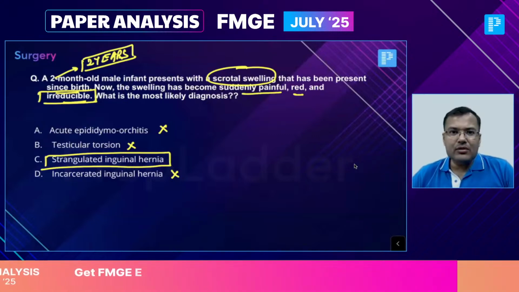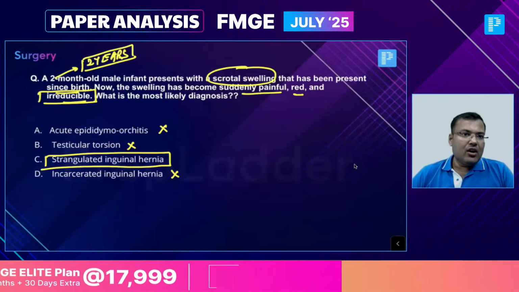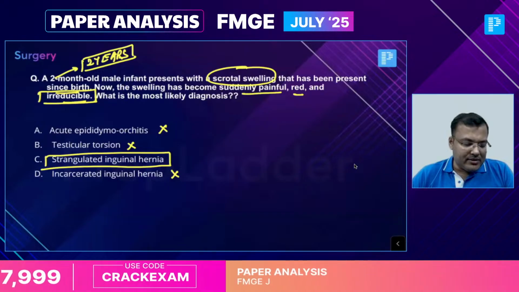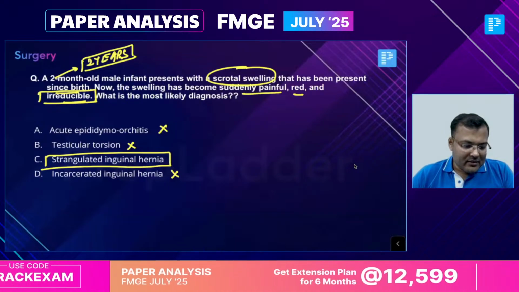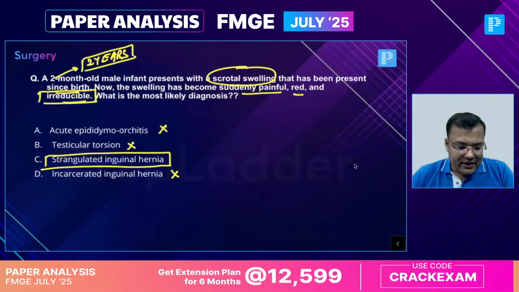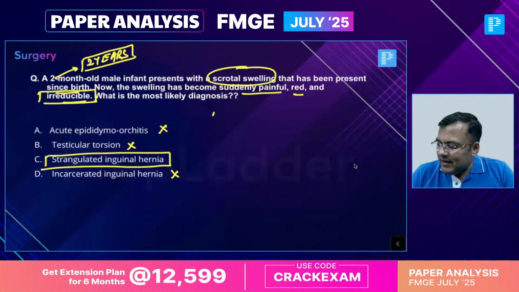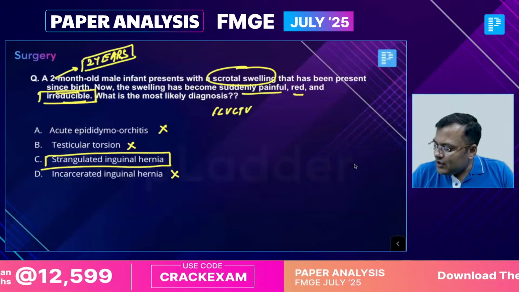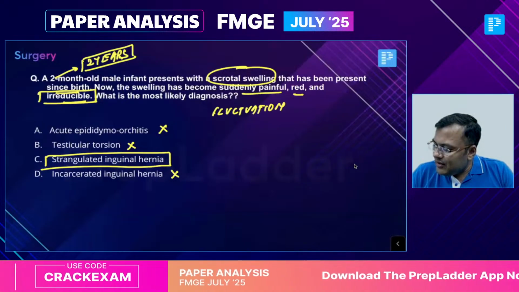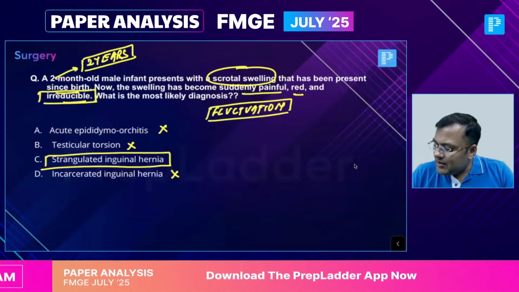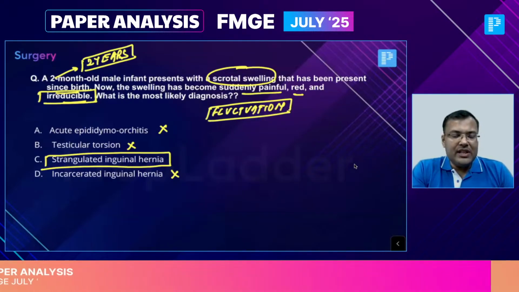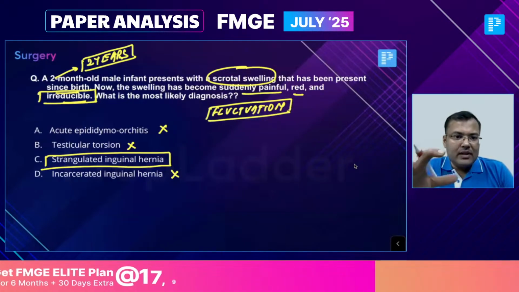This finding is also suggestive of congenital hydrocele. And if it is painful, red, irreducible. Fluctuation was also there. So even if fluctuation is there, it is painful. Yes. Guys, epididymo-orchitis does not have fluctuation. Testicular torsion does not have fluctuation.